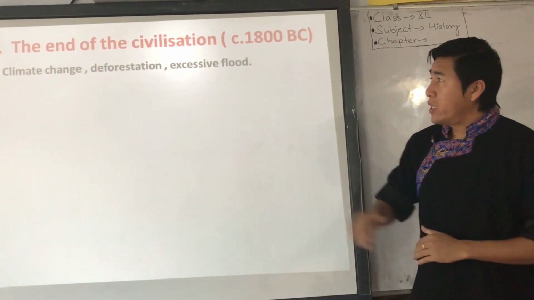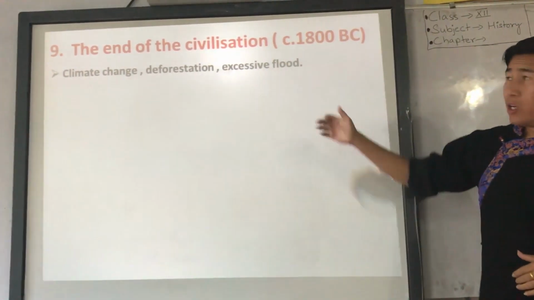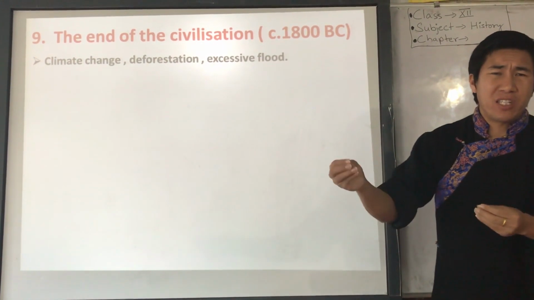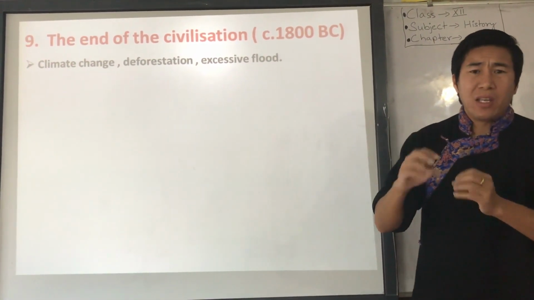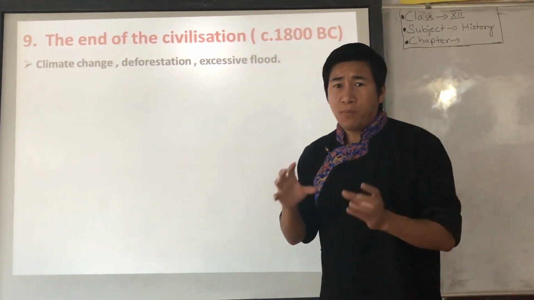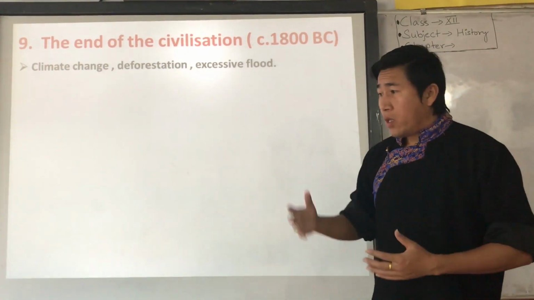Climate changes, deforestation, excessive floods, and you can also put invasion here. But the invasion theory has been criticized because of the date itself. But you can put invasion here. That's fine. Understood?